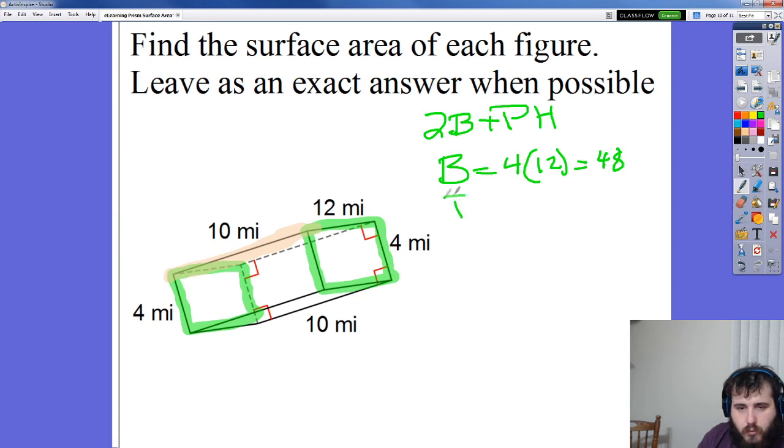Our perimeter, we just add around 4, 12, 4, 12. 16 and 16 is 32. Now I'm just going to write them as actual numbers: 4, 12, 4, 12, 32. And then my height is along this dimension, and my height is 10.